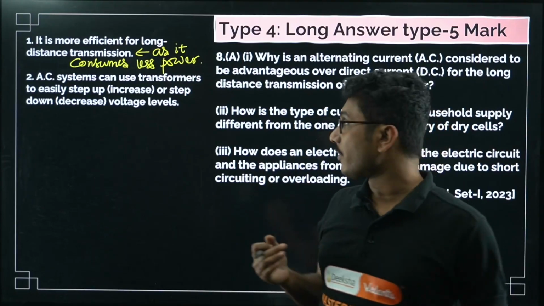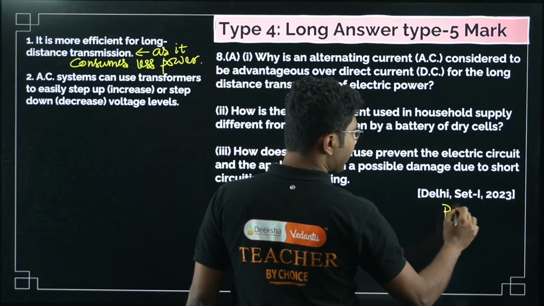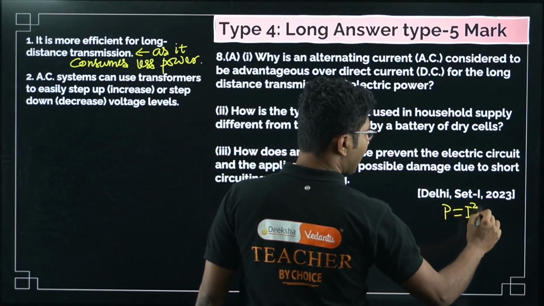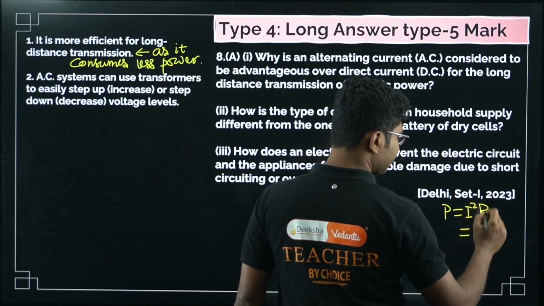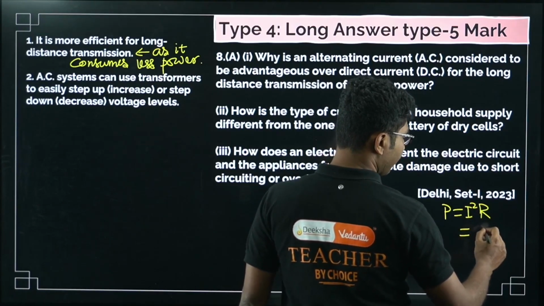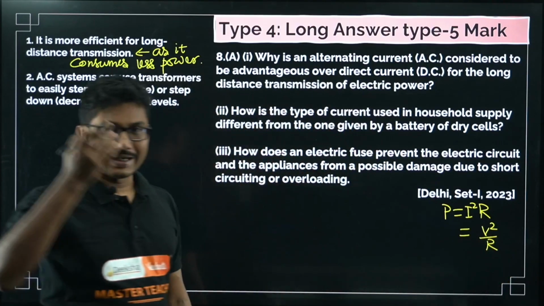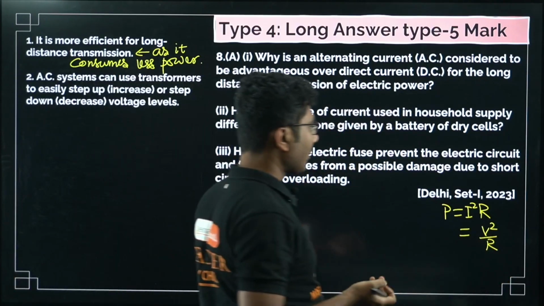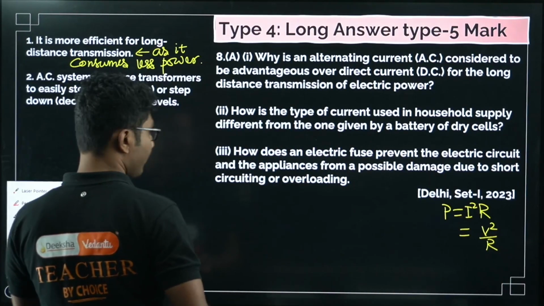We know from our previous chapter that power dissipated is I square R, right? And in case of voltage, it is V square by R.